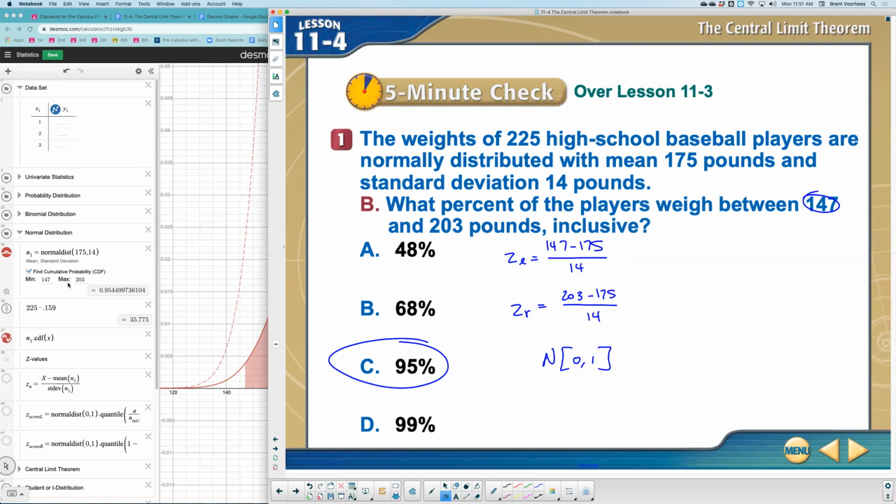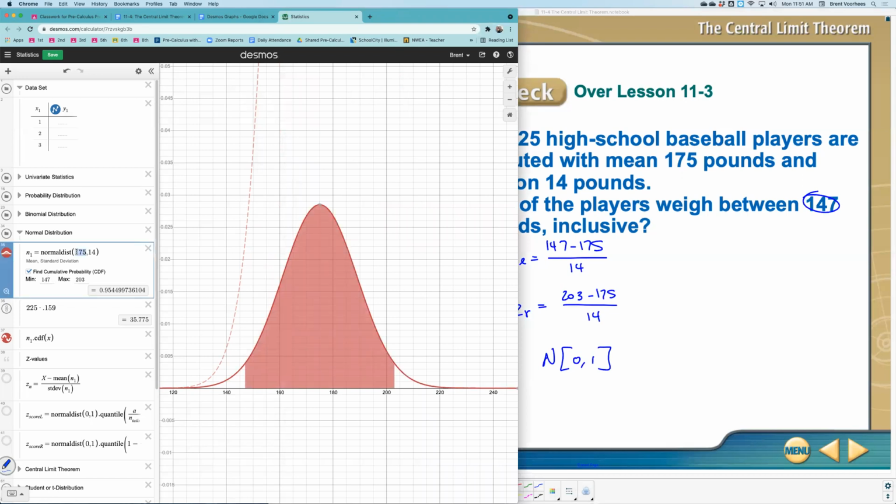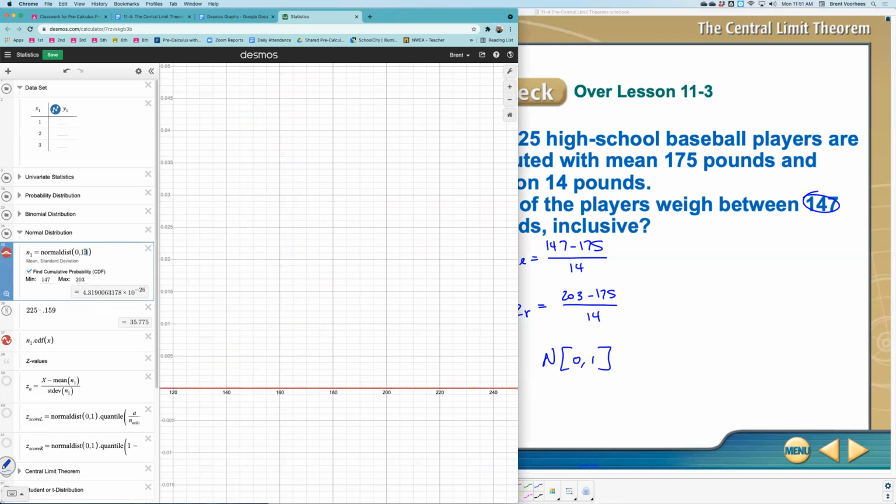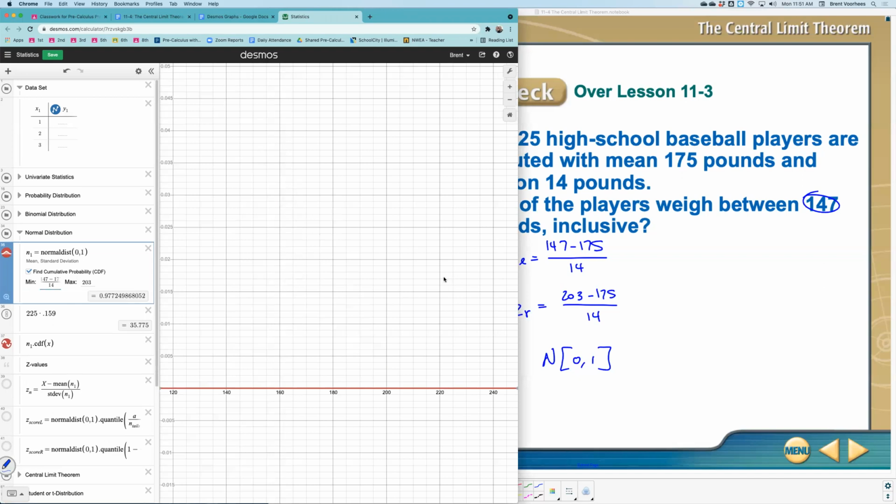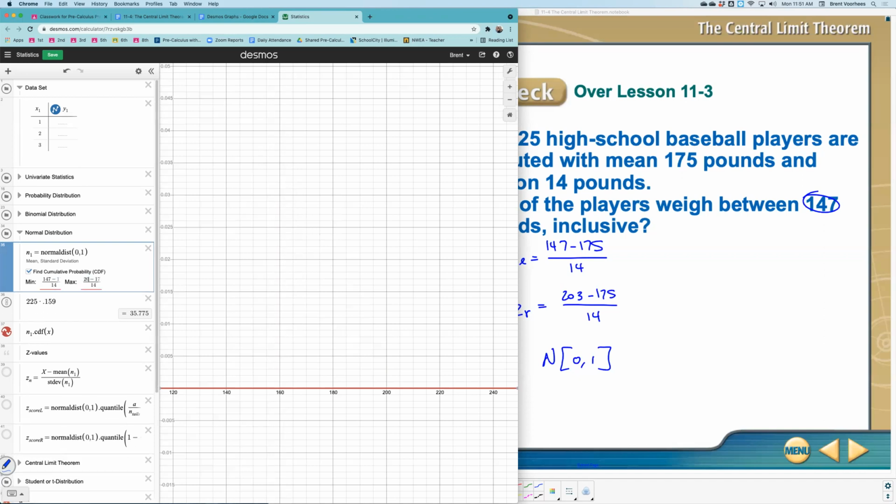So I'm not even sure what those Z-score values are, but I'll type them in as we go here. That's a 0. This is a 1. And what I should have here is 147 minus 175. And all of this would need to be divided by 14. And on the other side, I take almost the same numbers. This time the only thing different is I changed the numerator of the 147 to a 203.